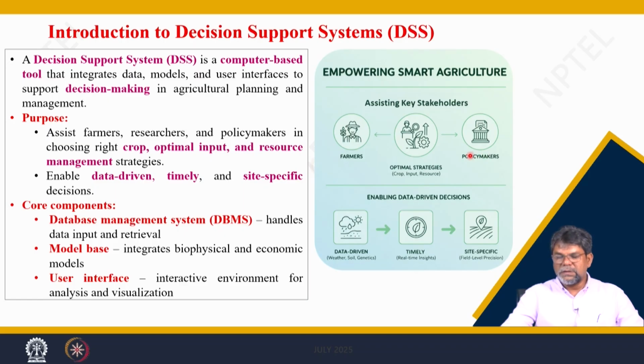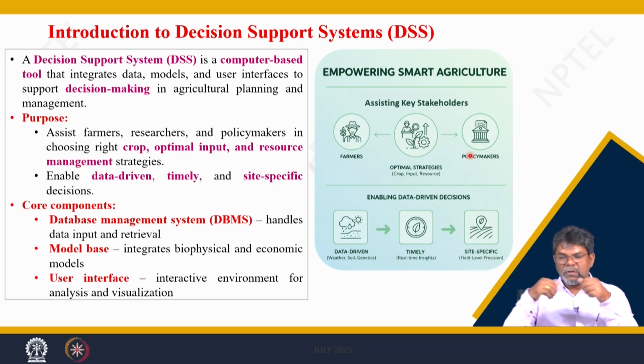Similarly, for policy makers, if you go for large scale simulations for particular regions, for particular states in a country, that gives the production scenario of the whole region, and accordingly the information goes to policy makers for policy level decisions. If there is an excess of production, or if the production is a shortfall, then government policy makers advise the government to take appropriate steps to take care of the excess or the shortfall in production.